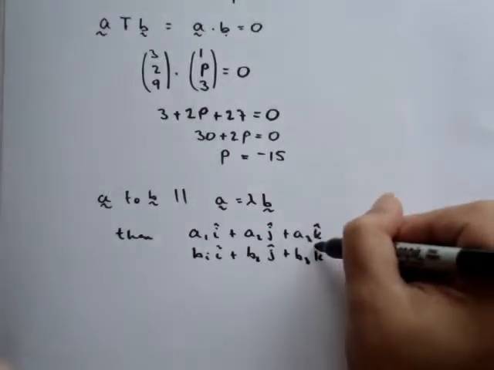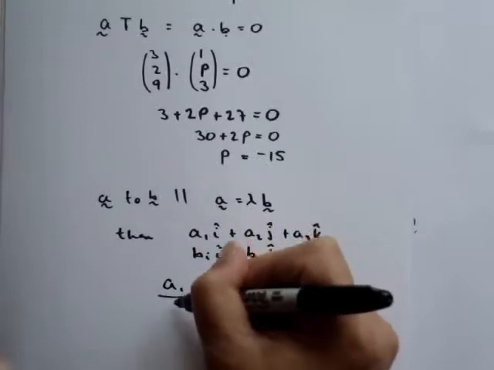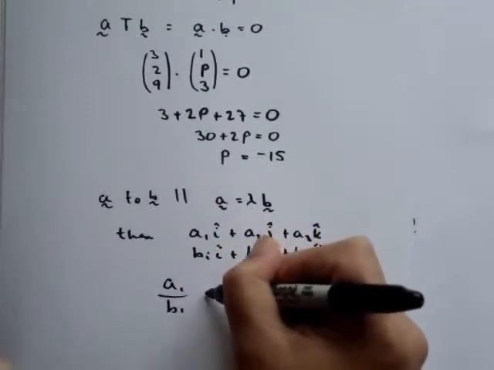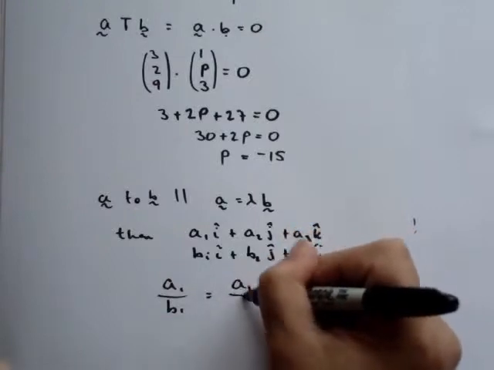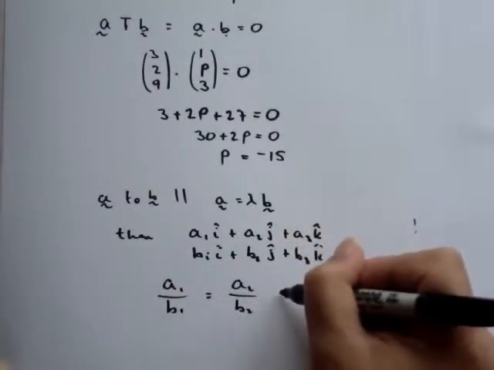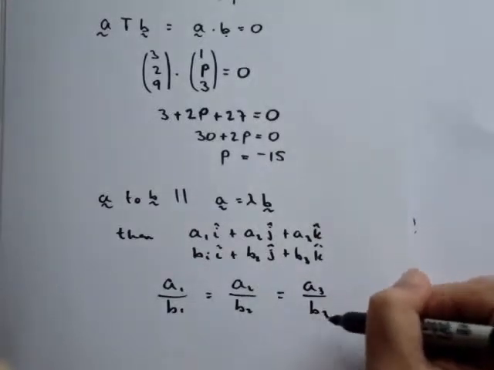Okay, so a1 over b1 equals a2 over b2 equals a3 over b3.